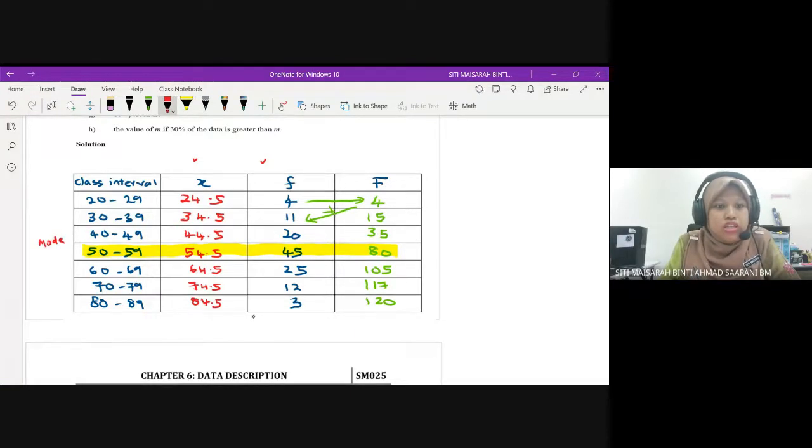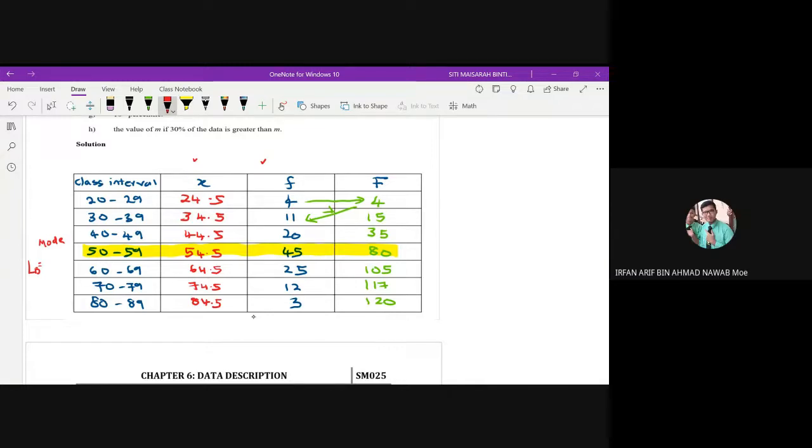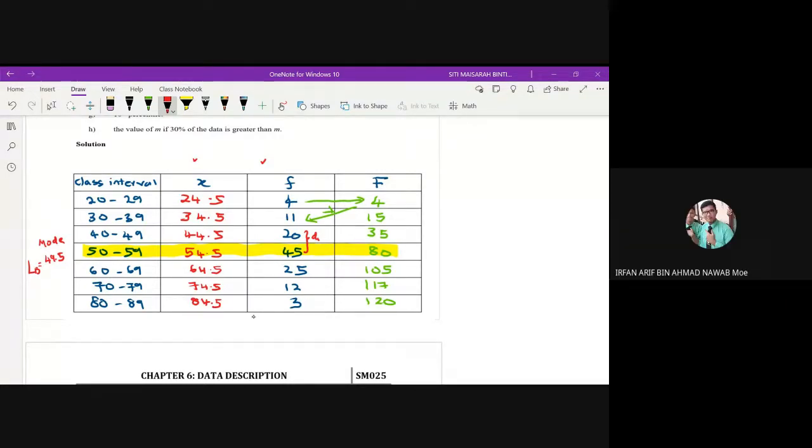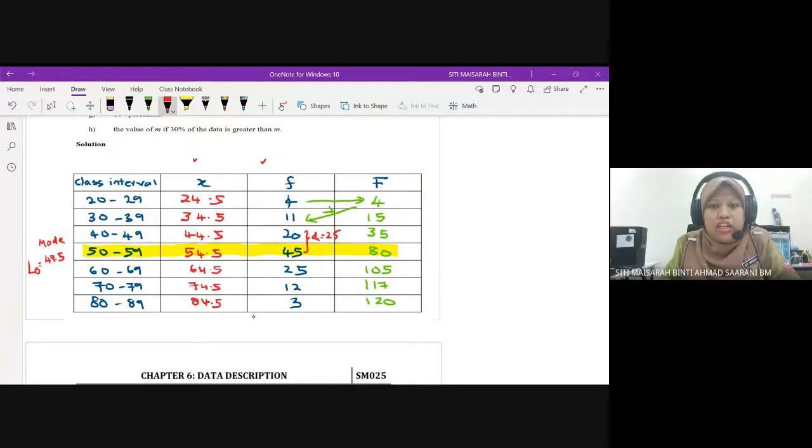What is your LB? Lower boundary for this is 49.5. And then what is your D1? D1 is the difference between 45 and 20, which is 25. And then your D2 is 20.